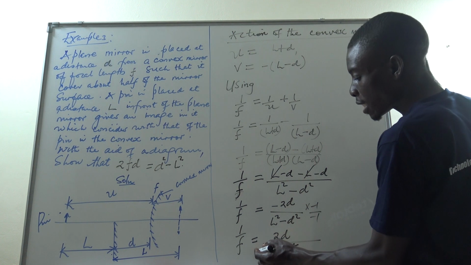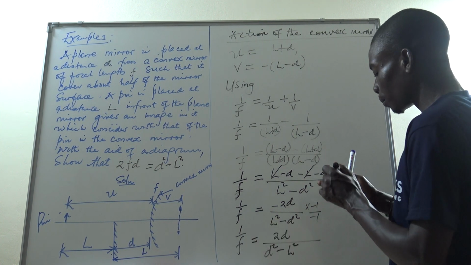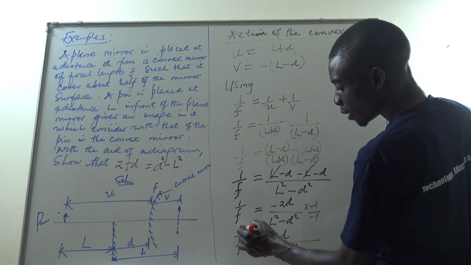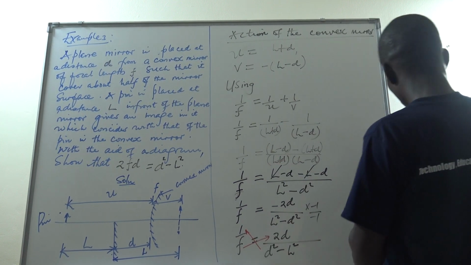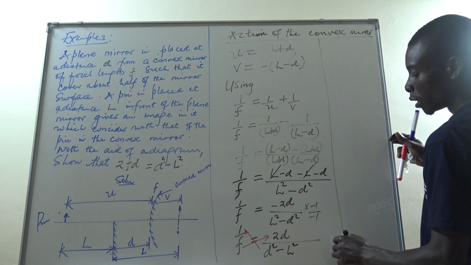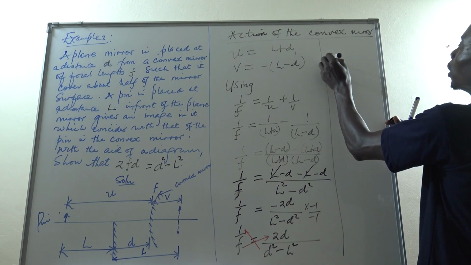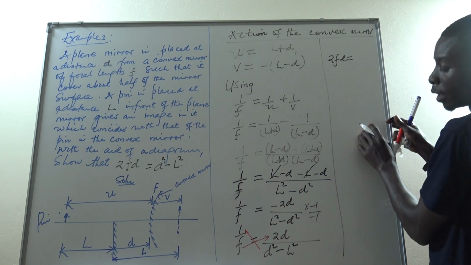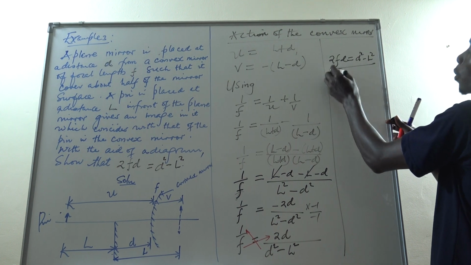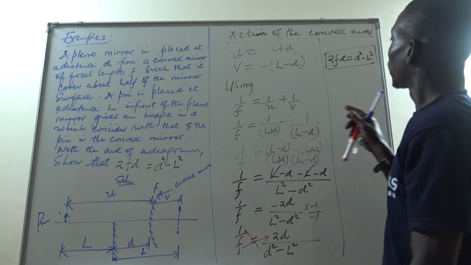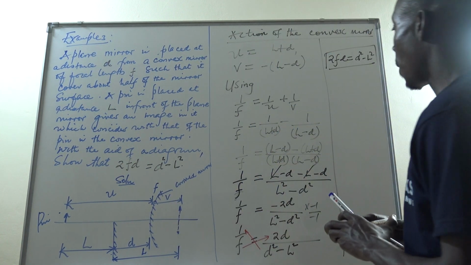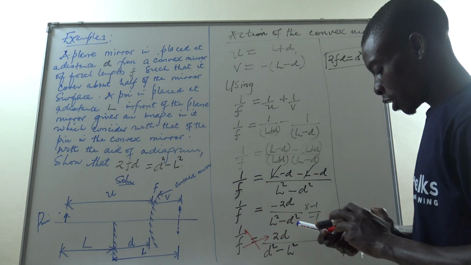So, if I decide now to cross multiply, this is now taking me to 2FD equals D squared minus L squared. And this is what they wanted you to prove in this example of ours.